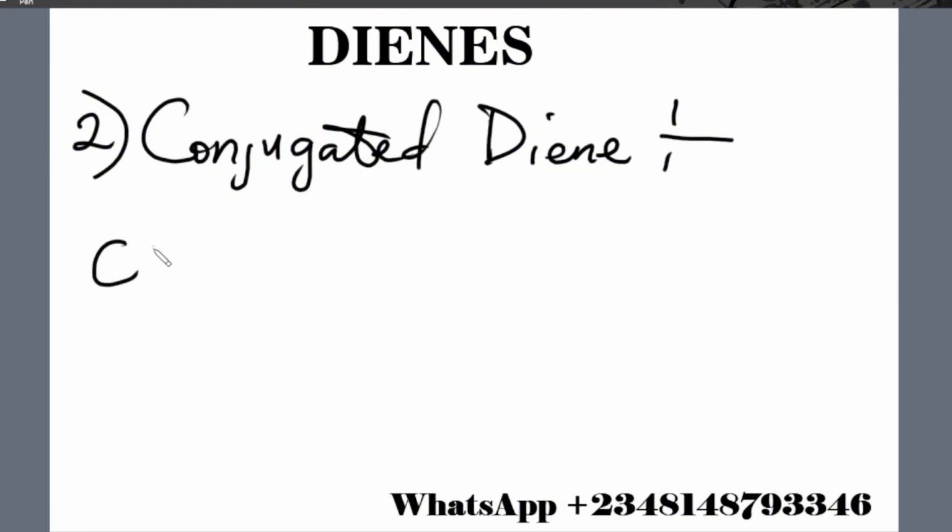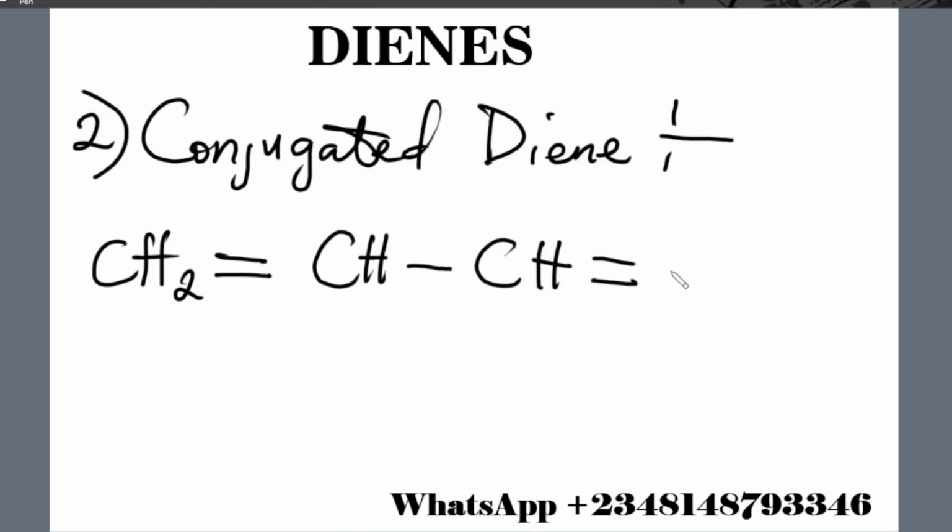So we have here CH2 double bond, CH single bond, CH double bond, CH2. If you look at this structure very well, we have a double bond here, a single bond, and another double bond.